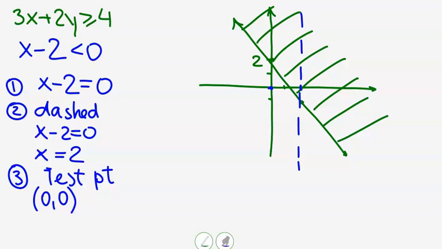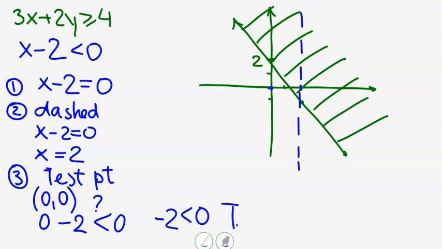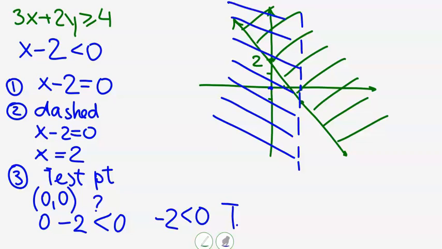Now our inequality has only x, no y, so we just use x equal to 0. 0 minus 2, will it be less than 0? So we get negative 2 less than 0, and this is indeed true. So that means our shading should cover our 0, 0 point. So 0, 0 is a point from our solution set. So we cover 0, 0 with shading.